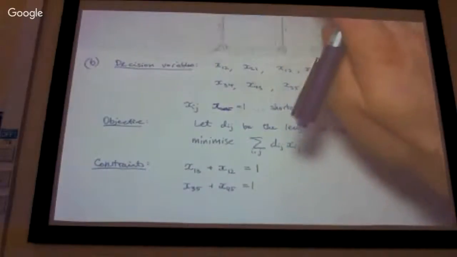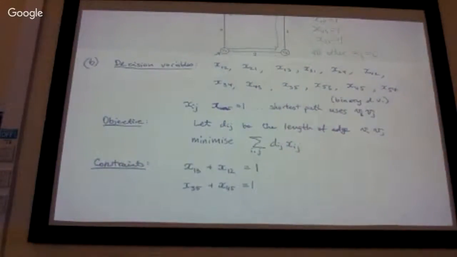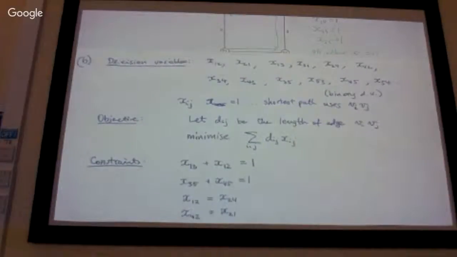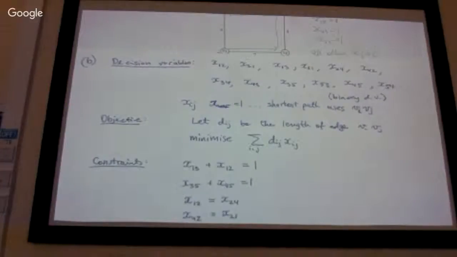And then in the remaining vertices, which are 2, 3, and 4, I have to make sure that if I do arrive, I also leave. So in vertex 2, if I arrive, that's x12, then I will have to use x24 as well. And if I arrive from 4, then I will have to leave as well.